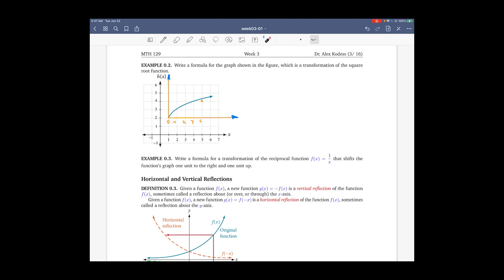So we can immediately recognize that this is the graph of square root of x. Now, to move it 1 unit to the right, we need to subtract 1 from x. And then to move it 2 units upward, we have to add 2.